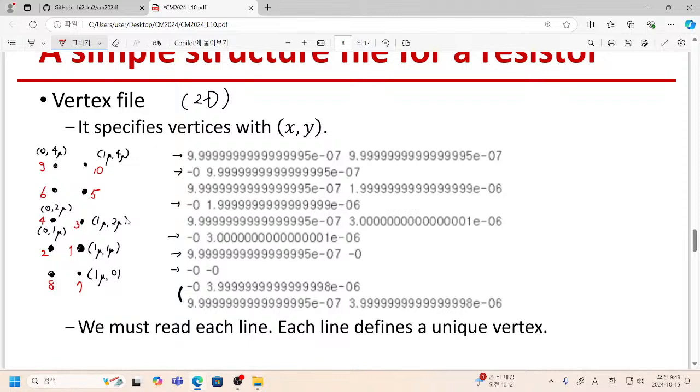However, let me give you one way to describe these points in a more compact way.